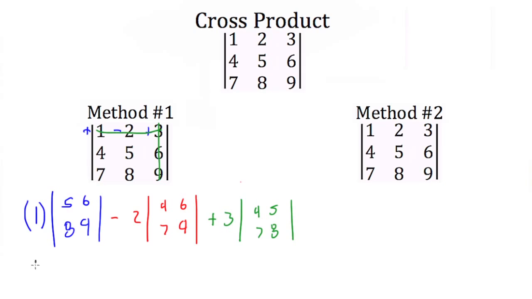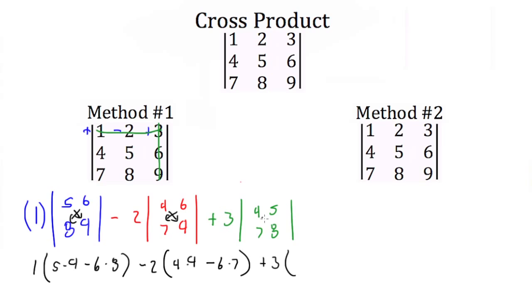So I have 1 times 5 times 9 minus 6 times 8. And then minus 2 times 4 times 9 minus 6 times 7. And then plus 3 times 4 times 8 minus 5 times 7.